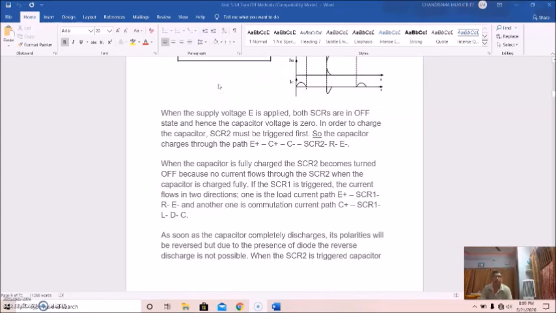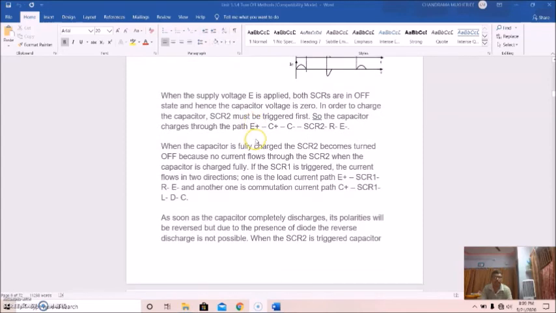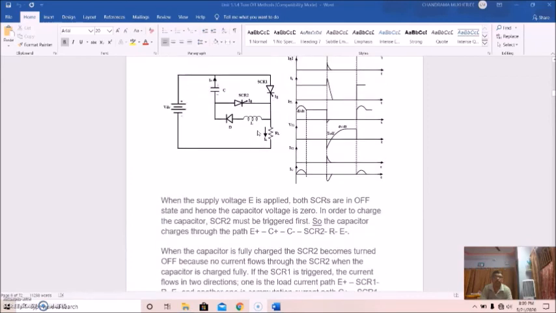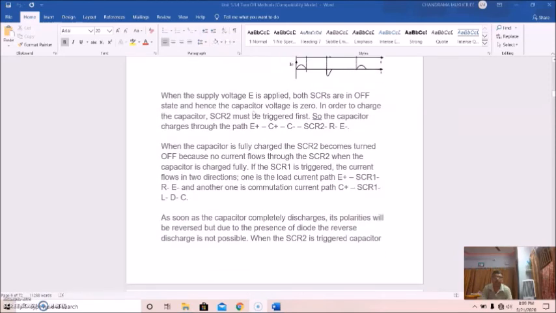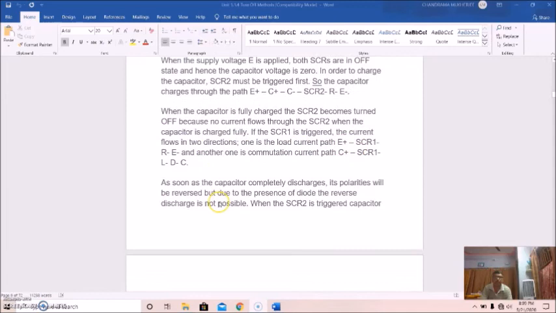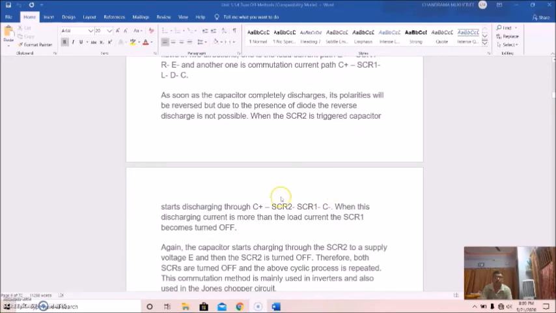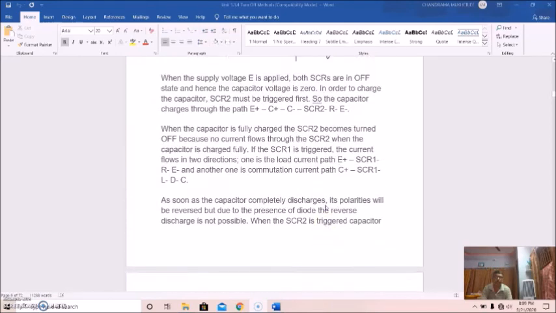When SCR2, the auxiliary SCR, is triggered again, the capacitor starts discharging through this path, with C positive in this way. The auxiliary part is fully turned off because no current flows. When the capacitor is full, if SCR1 is triggered, the current flows as I told you. The discharge current goes from C positive through the auxiliary thyristor, then SCR1, and then C minus.